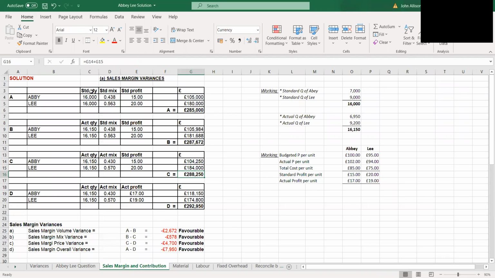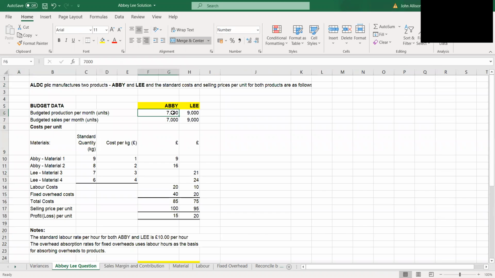What we do is set up the standard quantity, standard mix and standard profit. We set this up ready to be calculated, and there are two products, Abbey and Lee. We make calculations for Abbey, and we make calculations for Lee. We add them together and that gives us A. The standard quantity is the total quantity that's budgeted to be produced, so that's the total units of Abbey and the total units of Lee.